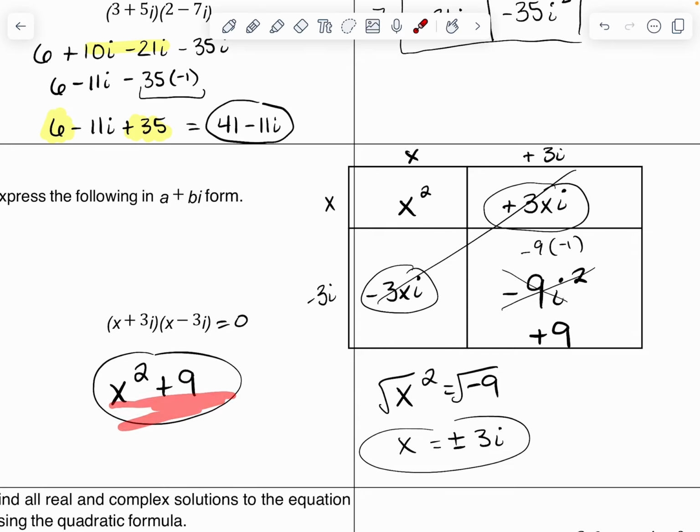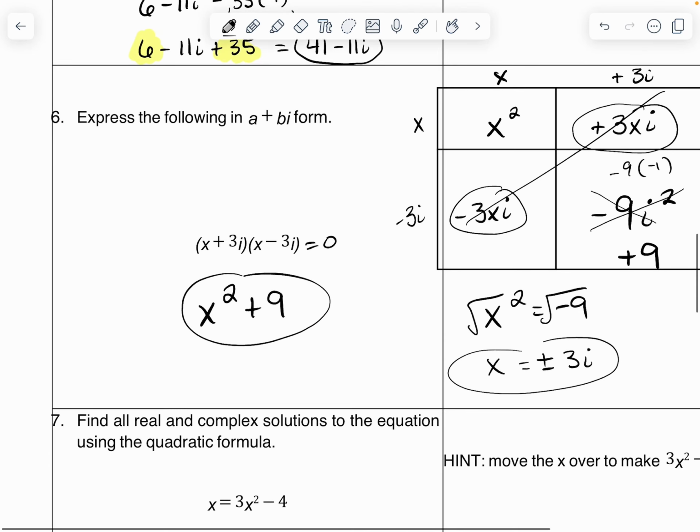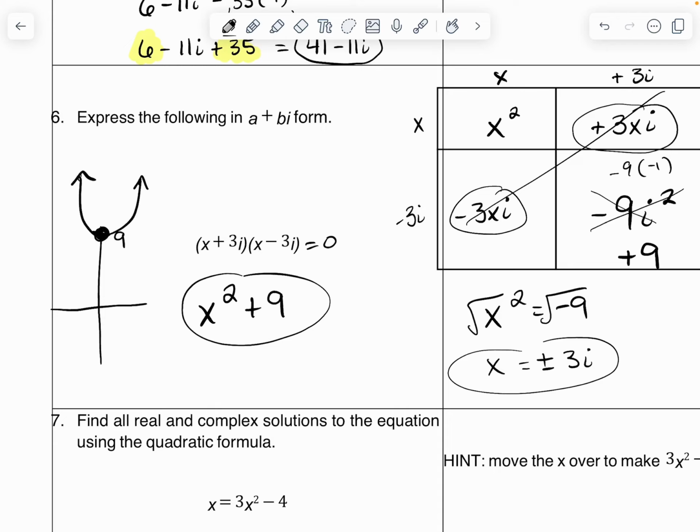Okay? Relating this back to what we were talking about with the graph and with the discriminant. If we remember way back, plus 9 is going to shift my parabola up 9 units. So my U is going to be up 9 right here. And one thing I notice is it doesn't touch the x-axis, does it?